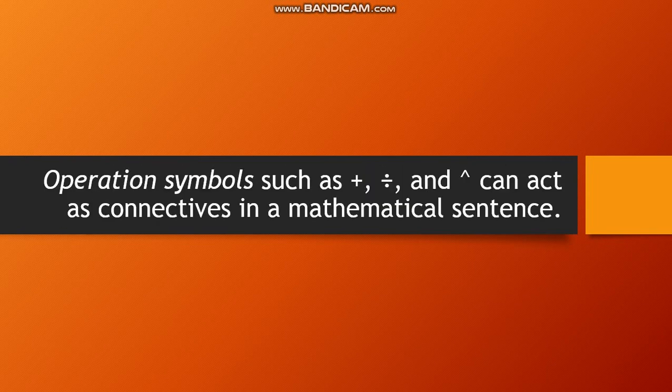Now, there are operation symbols that we use in making mathematical sentences. In English, we have the connectives like "and", "or", etc. In mathematics, we have operation symbols such as the addition, the plus sign, the division sign, and then this symbol, third, which represents the exponent notation.